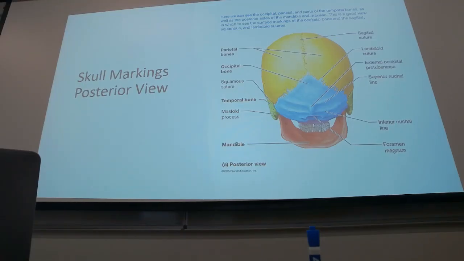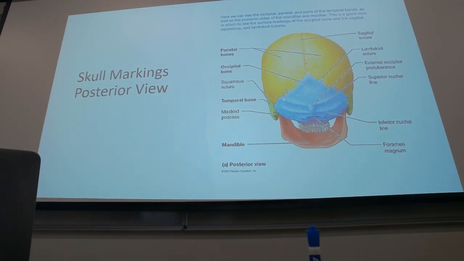But these are what we call the sesamoid bones. So they vary in number, and we don't have a specific name, we just have the generic name of sesamoid.